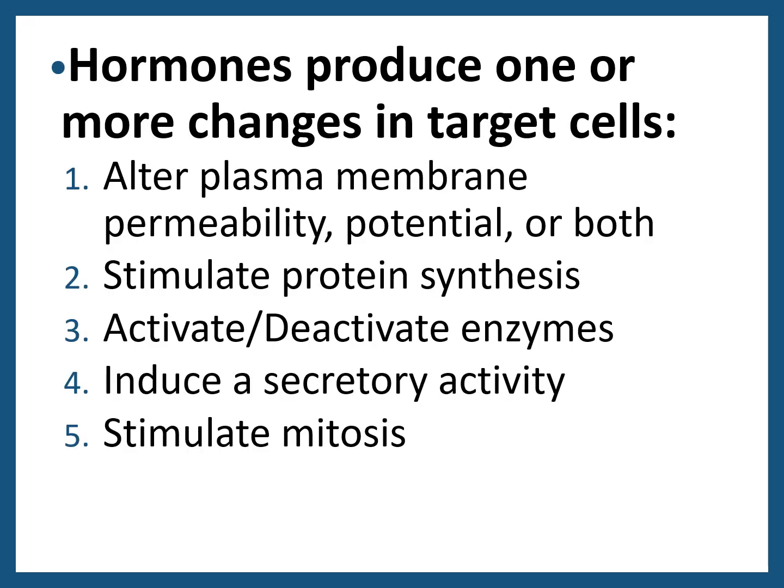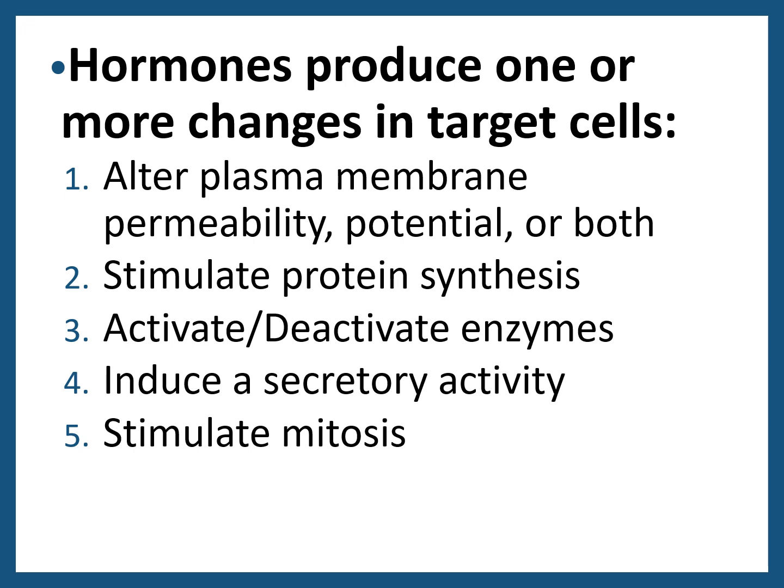As we go through the different glands and hormones, you'll learn more specifics about the effects of these hormones, but these are just some general effects that are produced in these target cells.